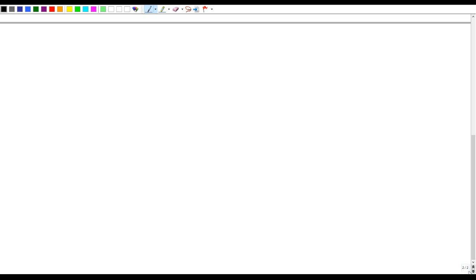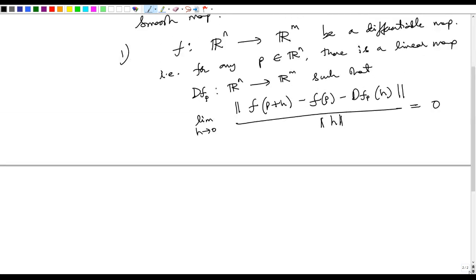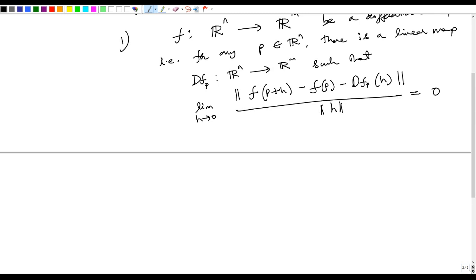Now it turns out we saw that this defining property actually forces the uniqueness of this map. In other words, such a linear map may not exist, but if it does exist, it is unique.